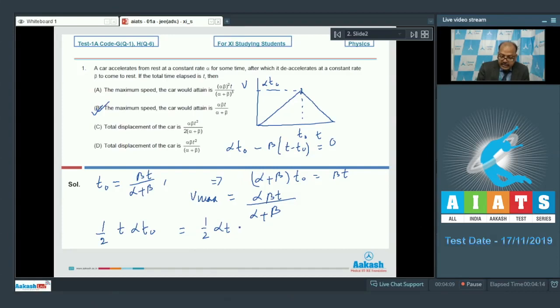Instead of t naught we write beta t divided by alpha plus beta, which is equal to alpha beta t square by 2 into alpha plus beta. Let's look at the options. It is matching with option C, so option C is correct. Option D is incorrect. So let's go to the next question now.